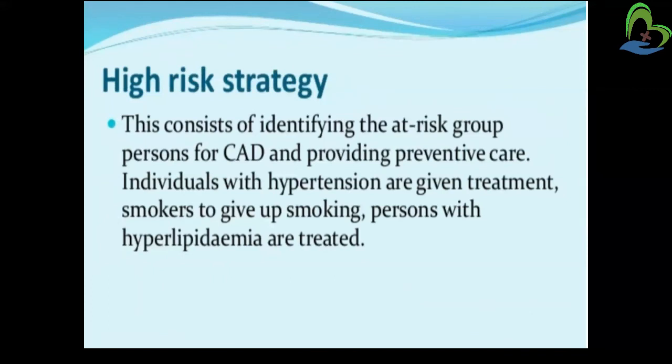Then what is the high risk strategy? As I said, we have to target the particular population which is at the highest risk. This consists of identifying the at-risk group of persons for coronary artery disease and providing preventive care. If we are giving education or care regarding coronary artery disease, we have to target the population at the highest risk, and we provide preventive care.